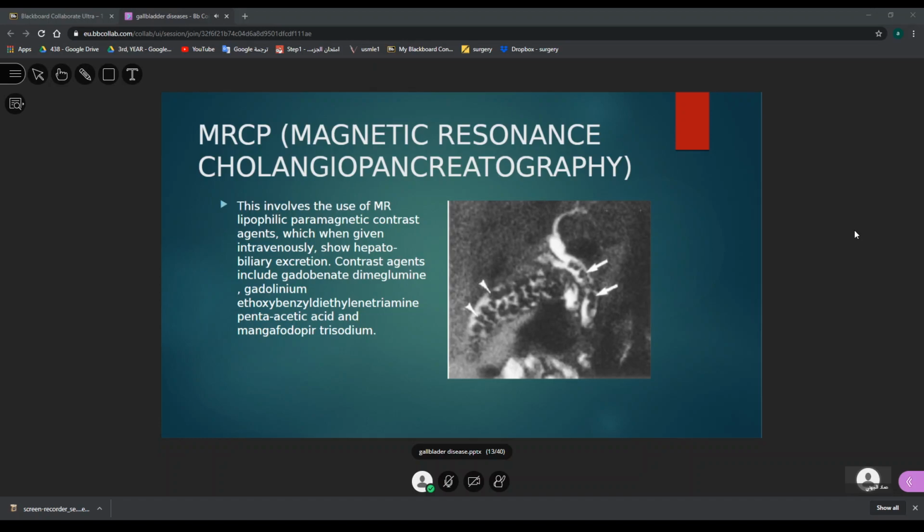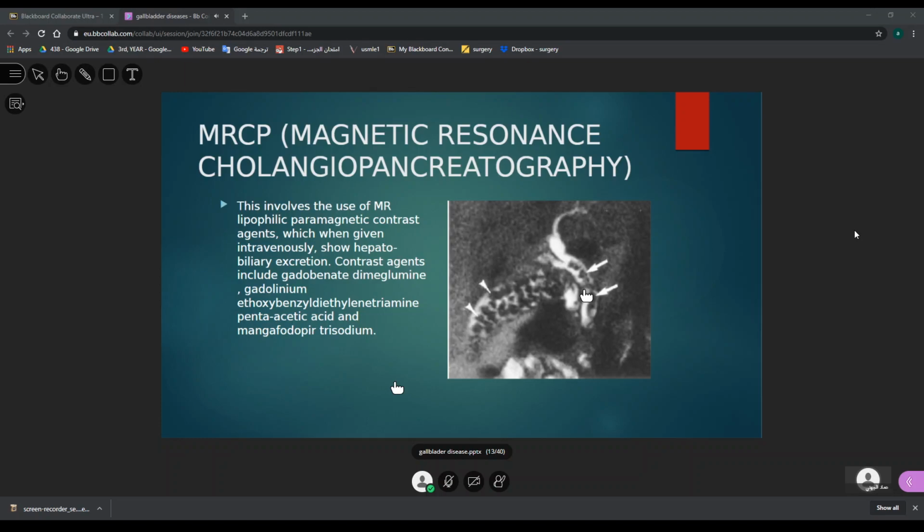All these contrasts are given through the IV line, absorbed from the blood to the liver, and the liver excretes it to the biliary system, and we see the image as in this diagram. You can see this is the liver, here is the left hepatic duct, and this is the right hepatic duct. This is the biliary system showing gallstones. You can see it's full of contrast and stones.